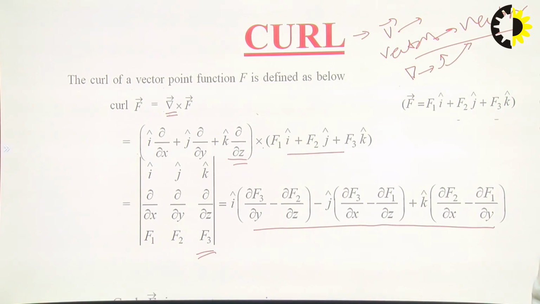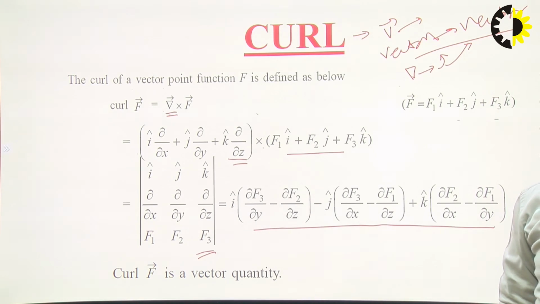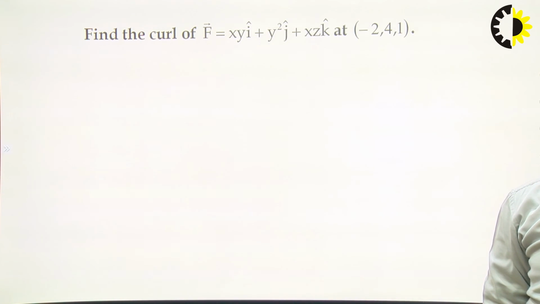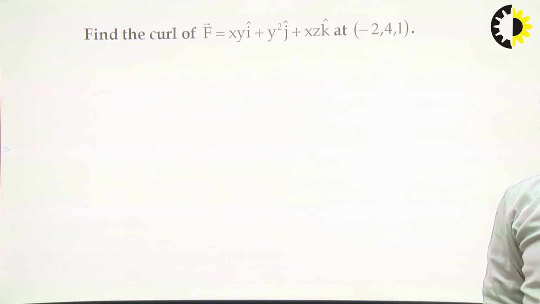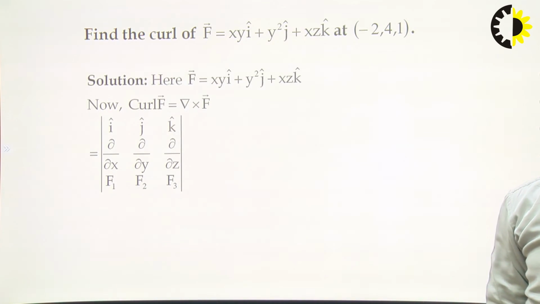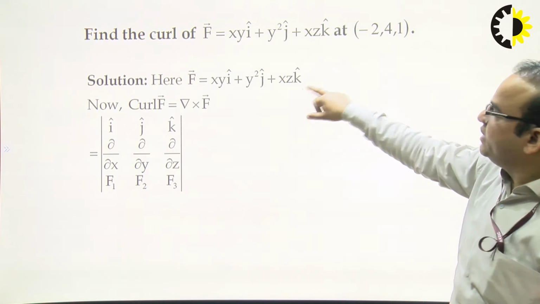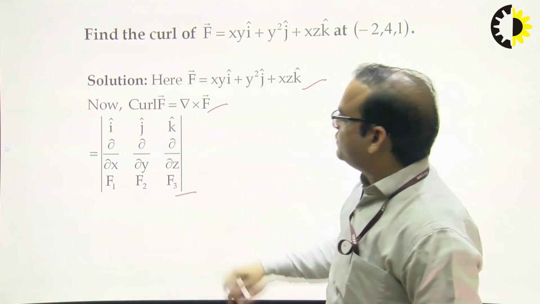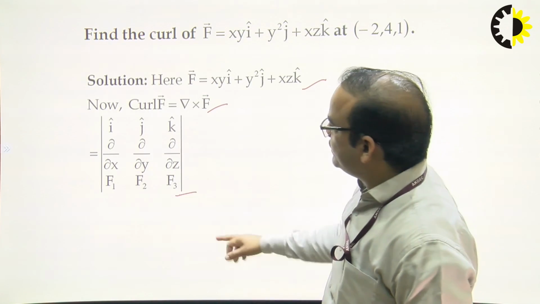Okay, so the next is that curl F is a vector quantity, and the example of it is that we are given a vector point function at a point (-2, 4, 1). The solution is given by taking the curl using the formula and solving with the determinant.